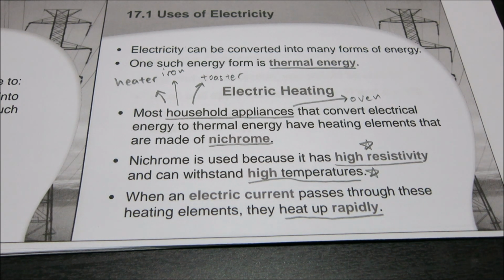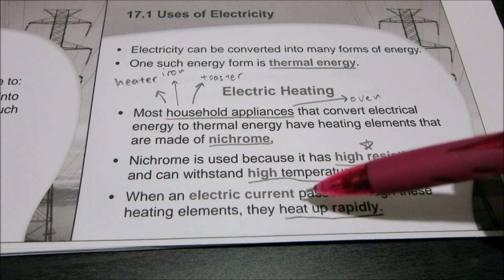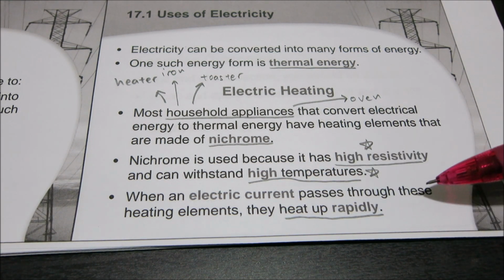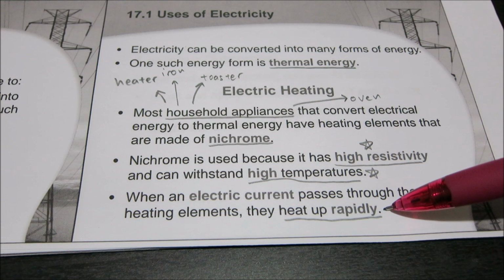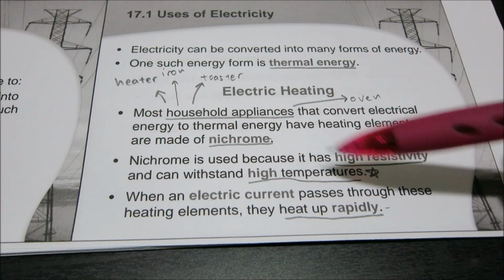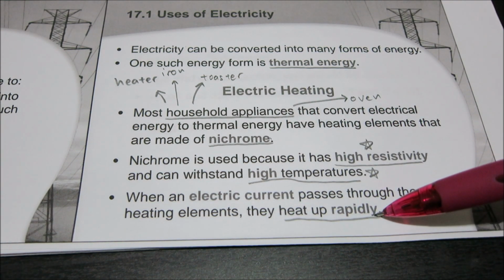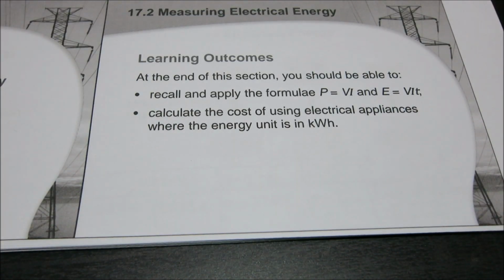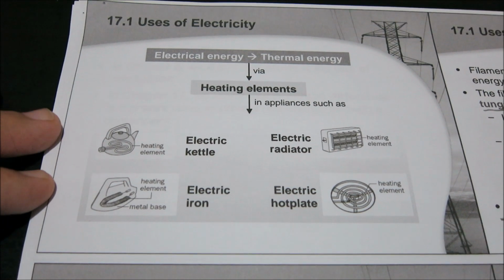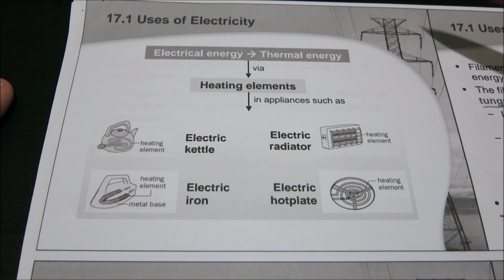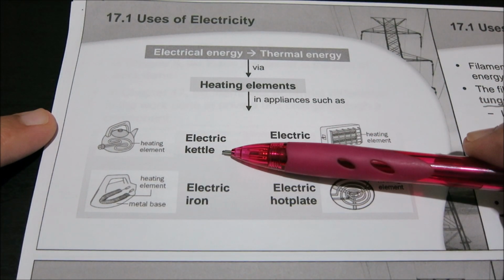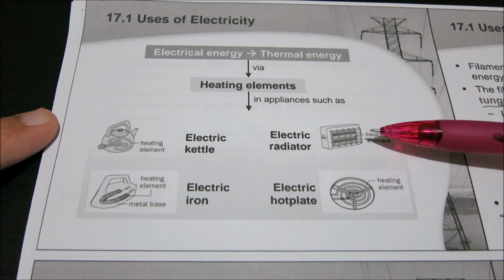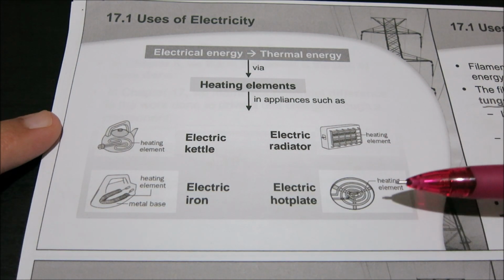High resistivity is important because when any electrical current passes through, it will cause the material itself, in this case nichrome, to heat up very rapidly. So that's why we use these materials in our heating elements. Alright, so some applications: electrical energy to thermal energy in kettles, in irons, in radiators or heaters, or electrical hot plates.